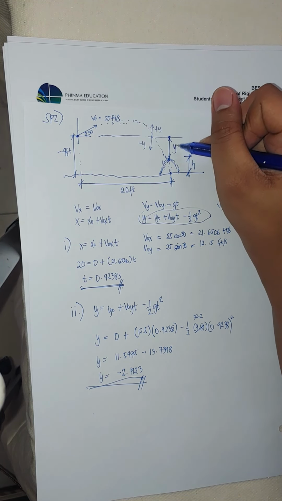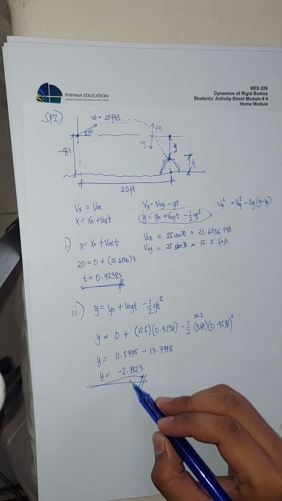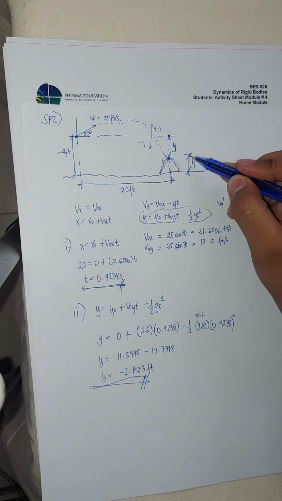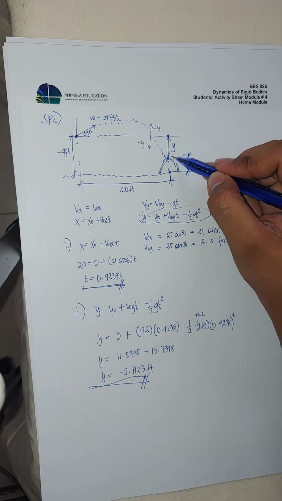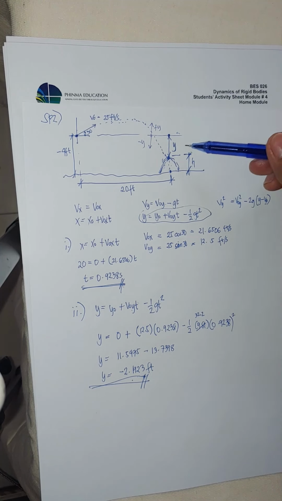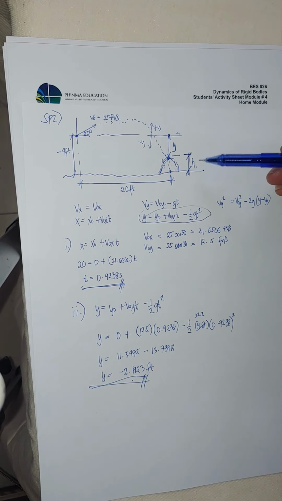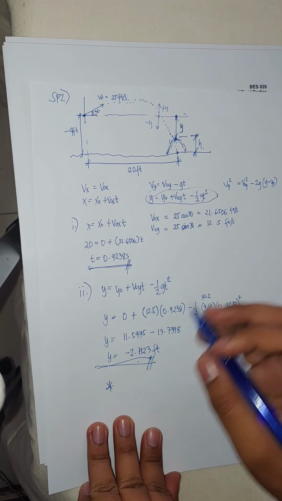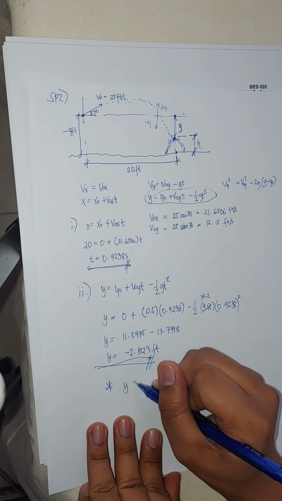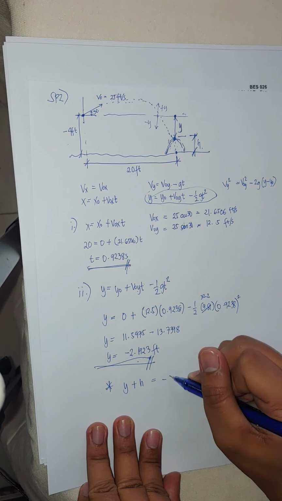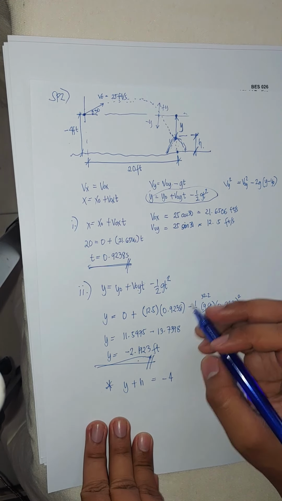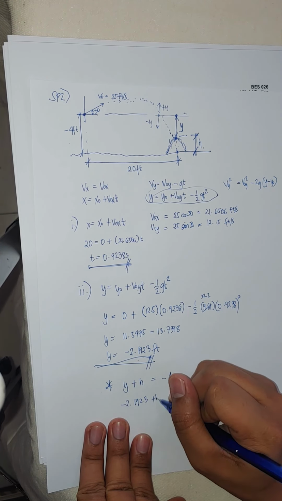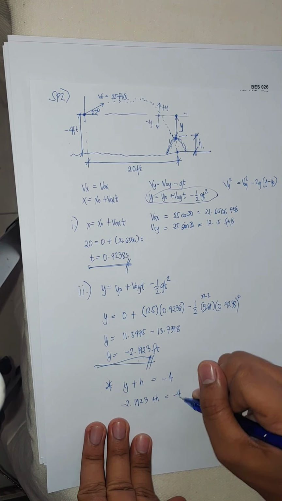This is the y, negative 2.1923 foot. So where do we get h? We equate this: y plus h is equal to negative 4 feet. So y is negative 2.1923 feet plus h is equal to negative 4.